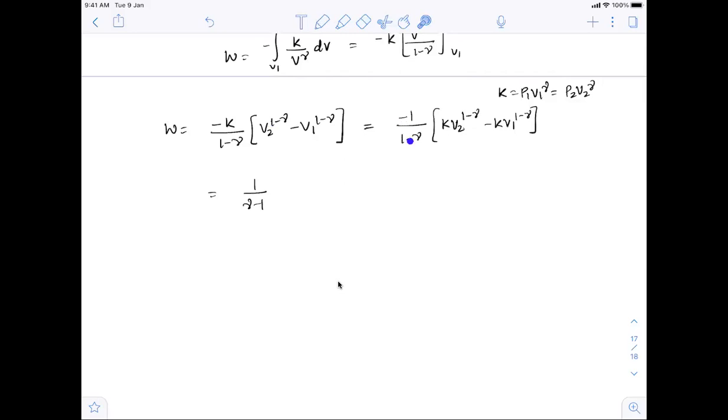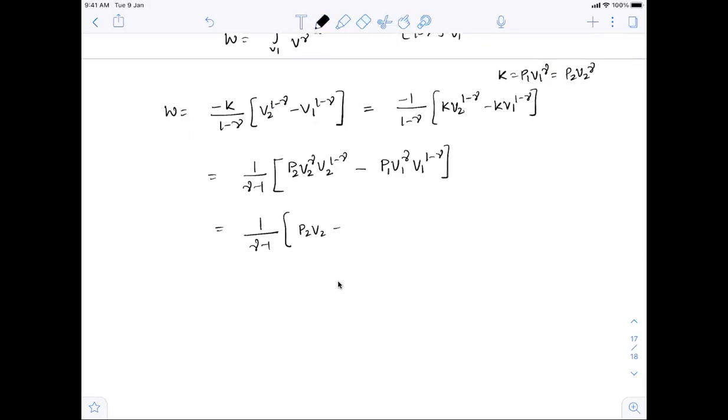This minus I'm writing as gamma minus 1 into K. I can put this K as P2 V2 power gamma into V2 power 1 minus gamma, because here P2 makes more sense, minus P1 V1 power gamma into V1 power 1 minus gamma, because here P1 makes more sense. So on doing that, I will get 1 by gamma minus 1 into P2 V2 minus P1 V1. So this is the work done in adiabatic reversible way.